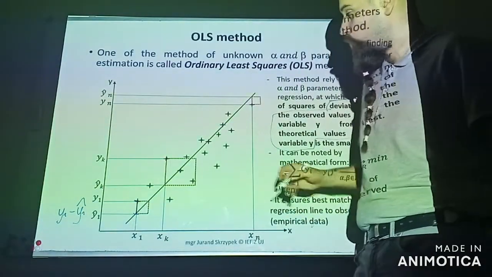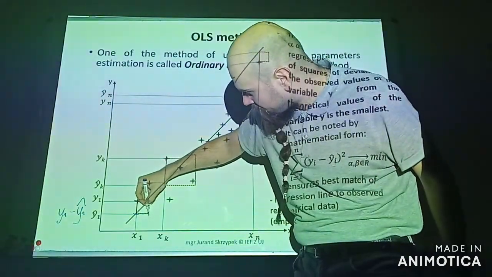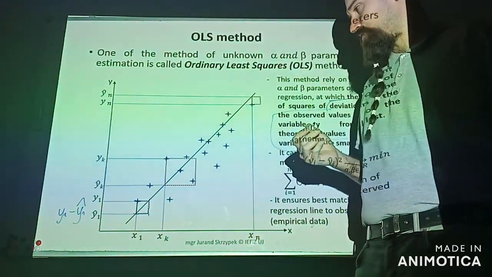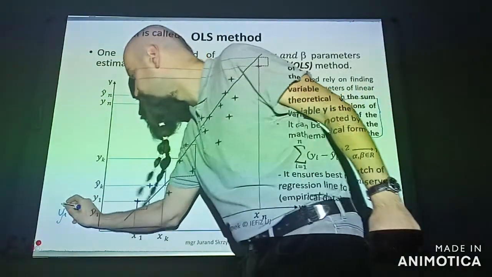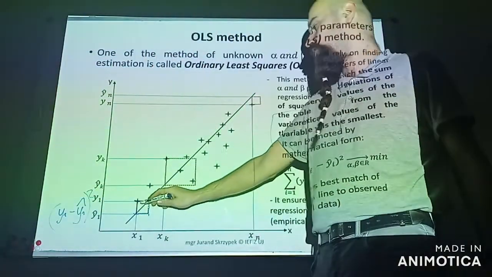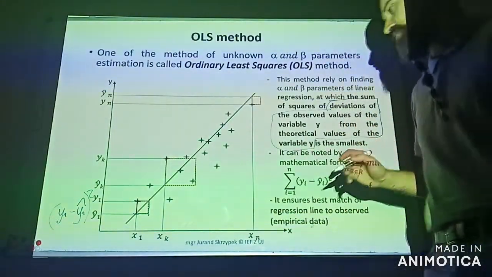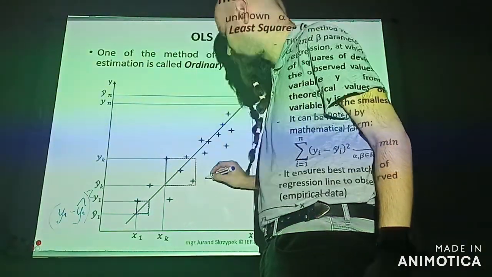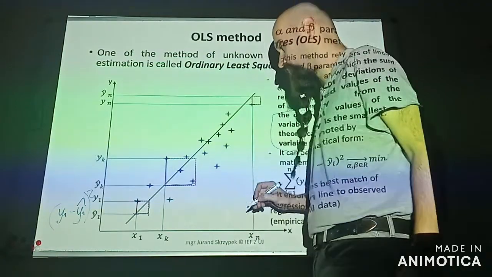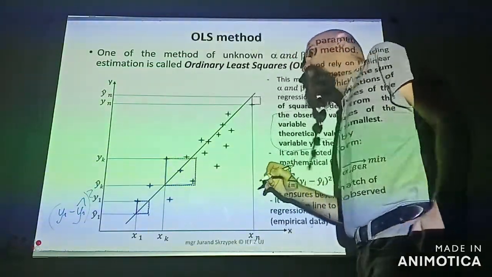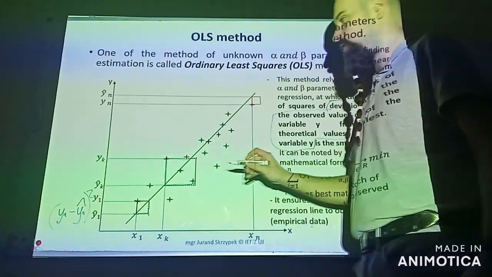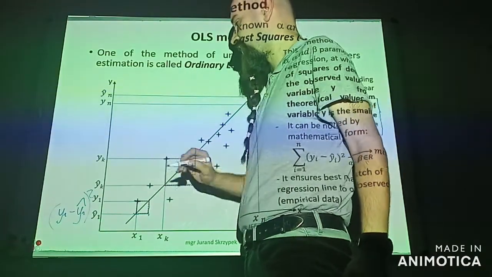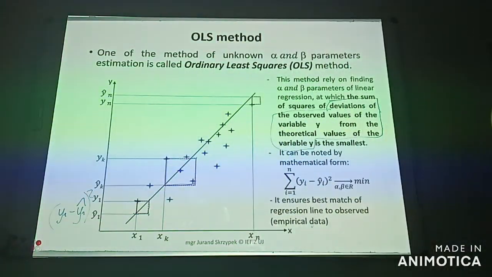And after that we raise these deviations to the second power. We compute squares of those deviations. And of course we receive squares. Here we have the k-th deviation, and we compute a square of this deviation. Here we have the squared deviation of the k-th empirical value of y and the k-th theoretical value of y.